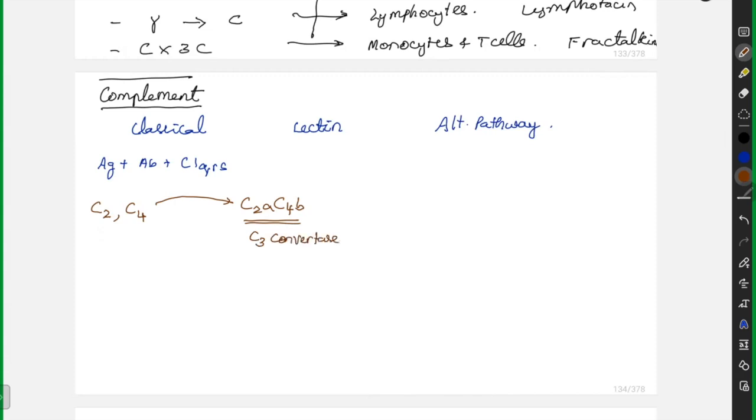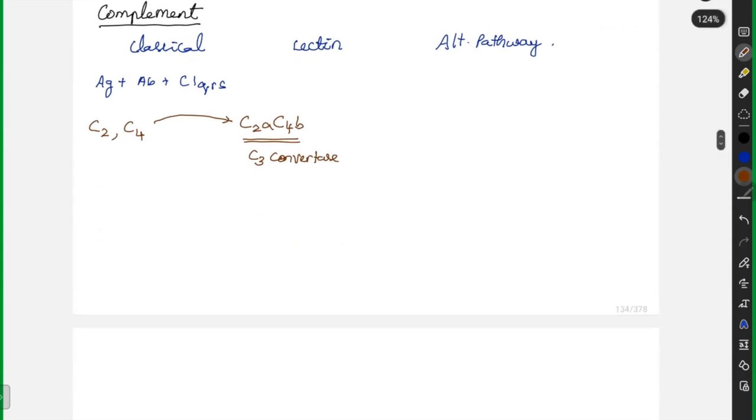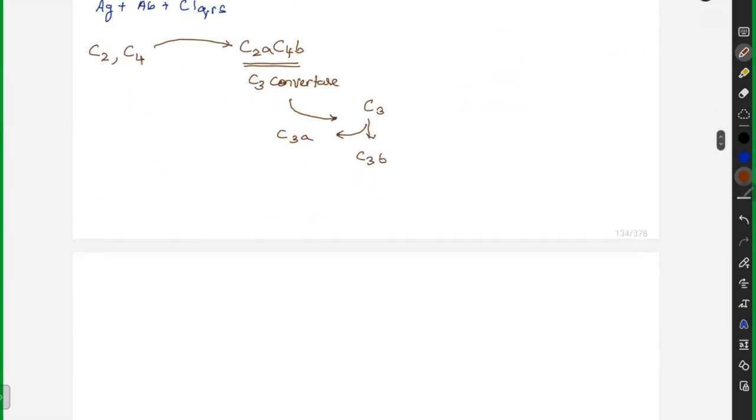Clear? Very important. Now what happens? This C3 convertase is going to convert your C3 to C3b and it is going to let C3a out. Now this C3b is going to join with C4b2a. So overall, I can write like this, right?